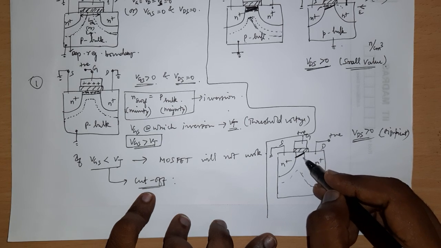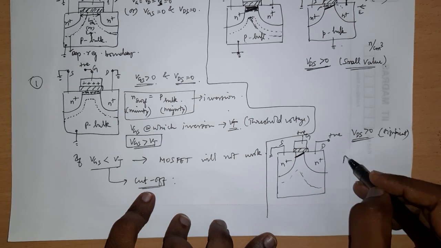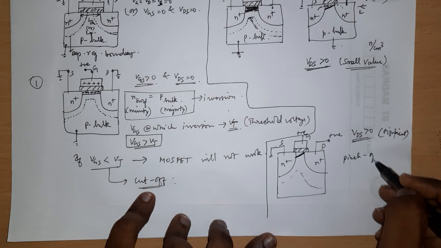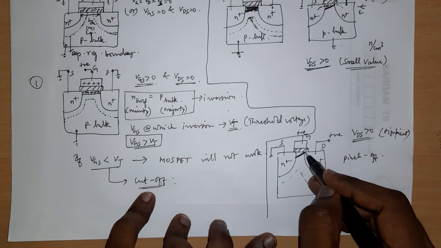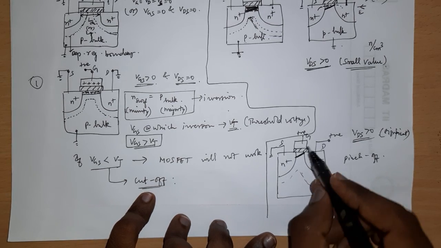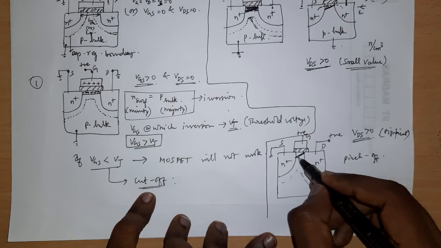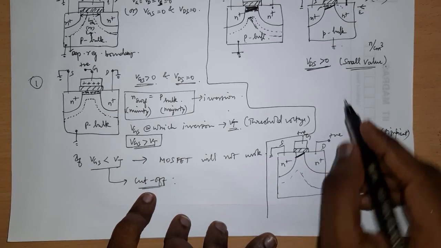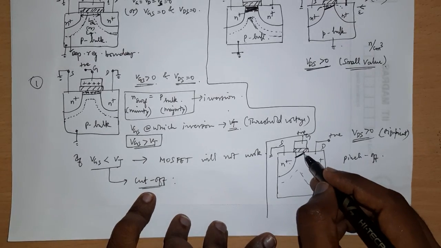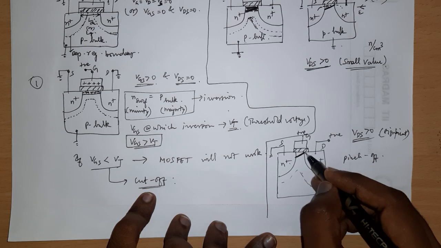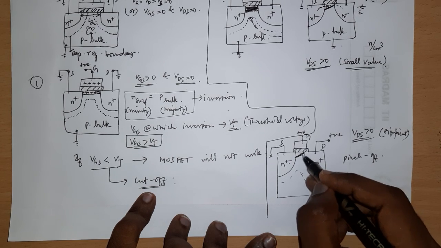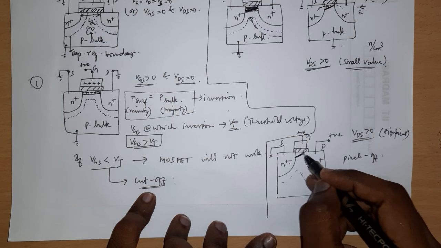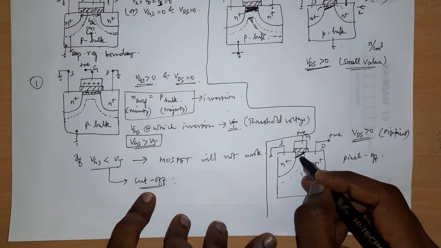Before the drain boundary, it just pinched off, meaning this condition is called the pinch off condition. The channel is trying to be cut off at this end. Whatever I explained here holds true also. Here also the number of carriers becomes very, very small, so the carriers will travel at a very high speed at this particular portion.